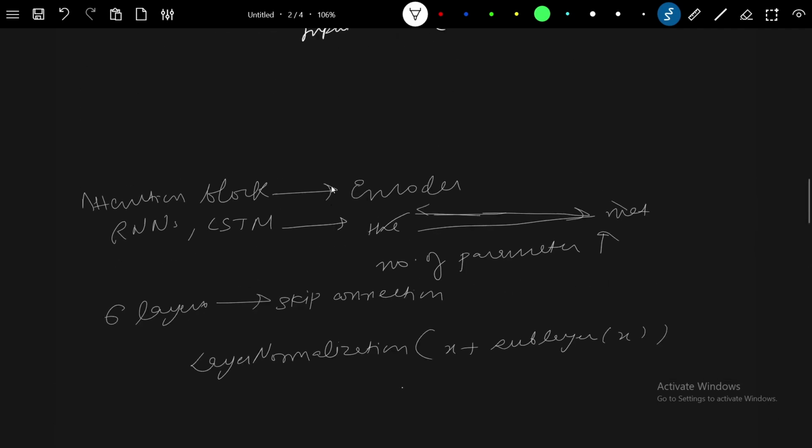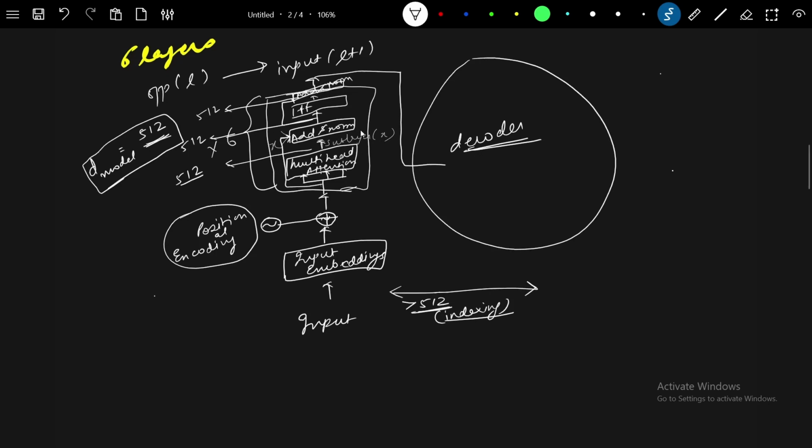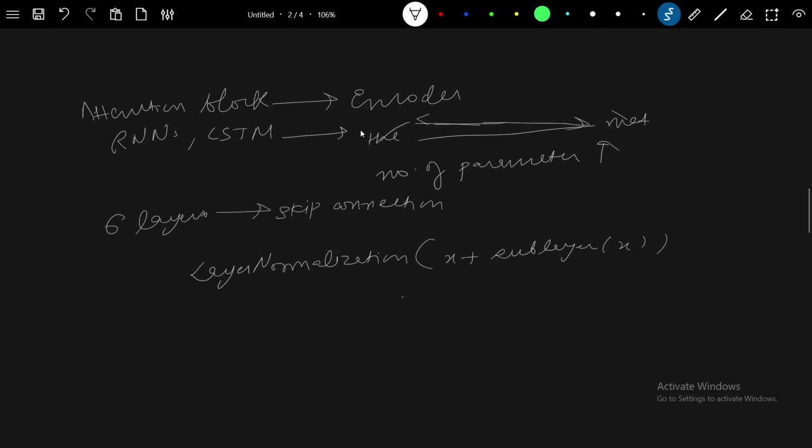If we see here, this layer normalization takes input X as well as the output from this sublayer, which takes input X. This is how the input flows through the different layers, and that happens for all N equals 6 layers, right?